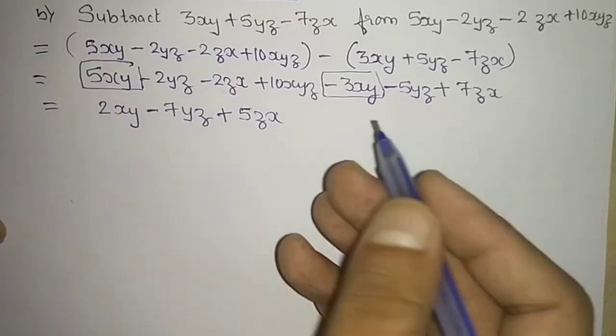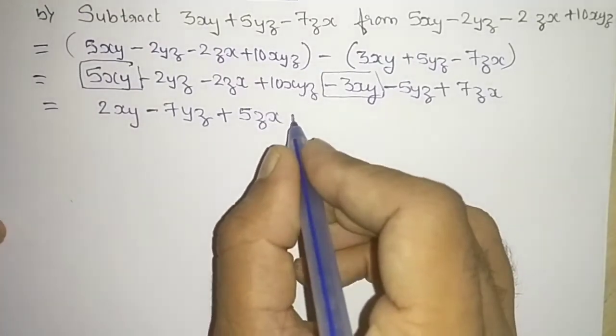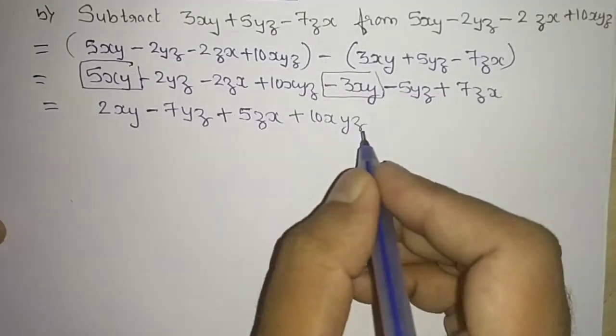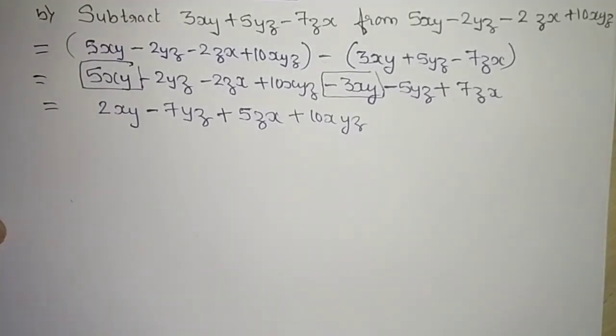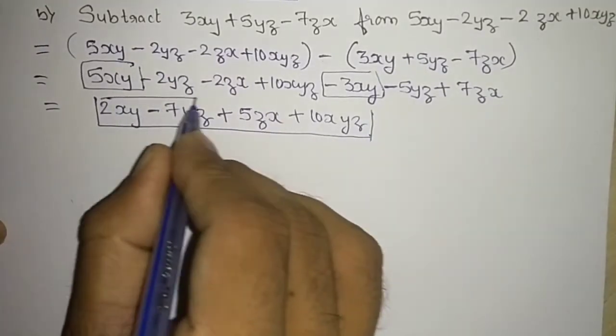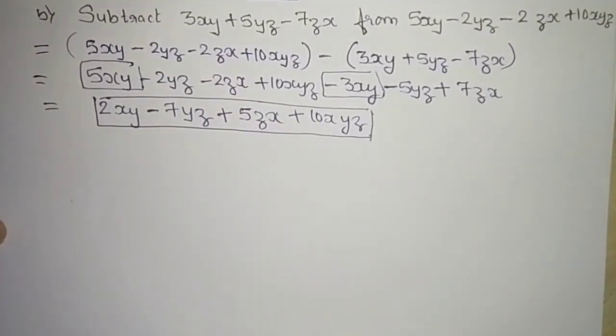And then the last term, which is 10xyz. There is no other like term for plus 10xyz. So this was all for part B. Part B we have finished. This is the answer. No further calculation because all the terms are unlike terms. Now moving to part C.